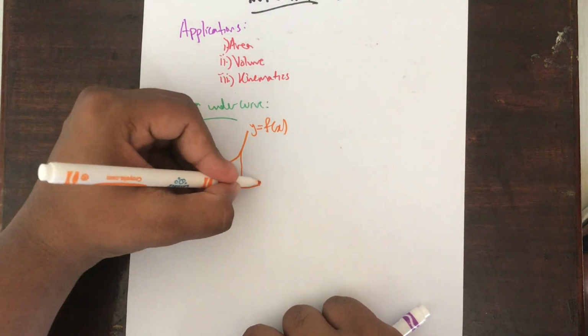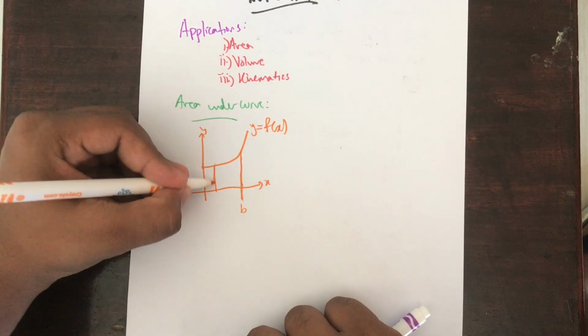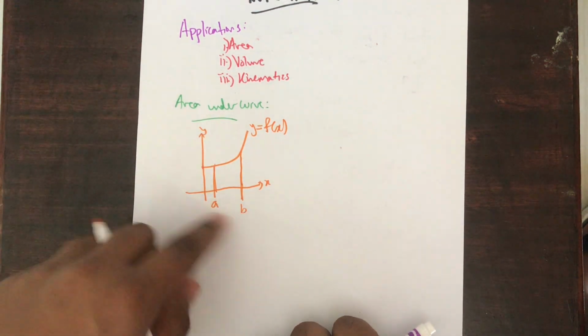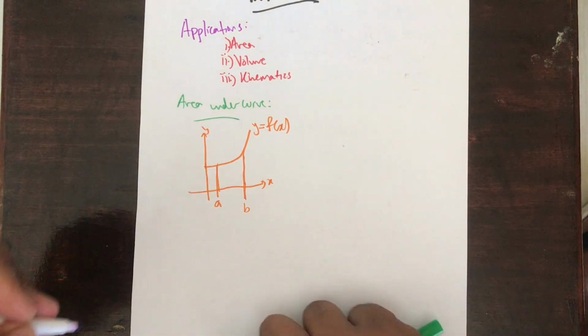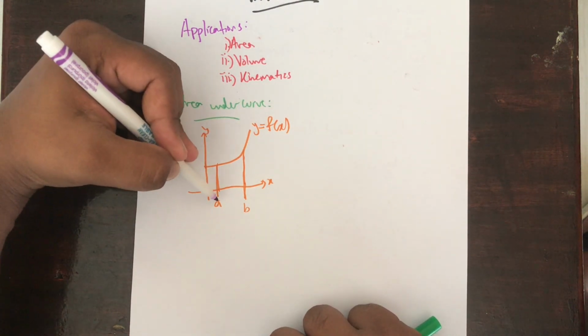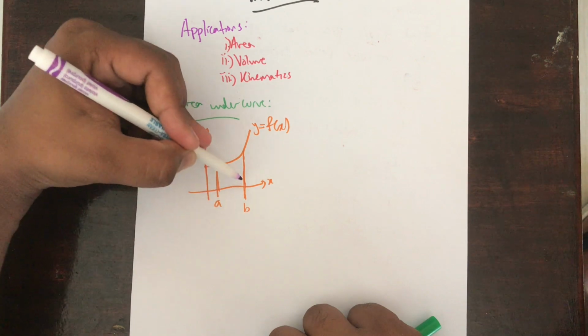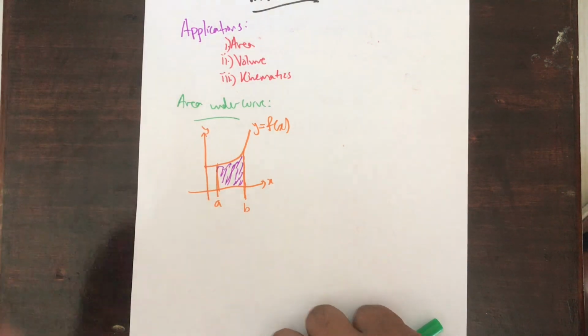This is the y-axis, this is the x-axis. This is b and this is a. So these are values of a and b along the x-axis. What we have to do is get the area under the curve y equal to f of x enclosed by this region a and b.